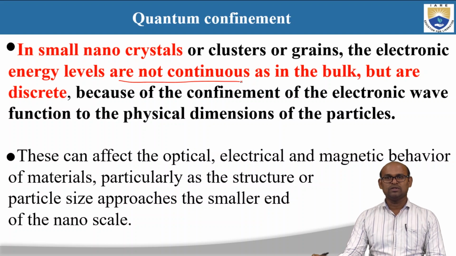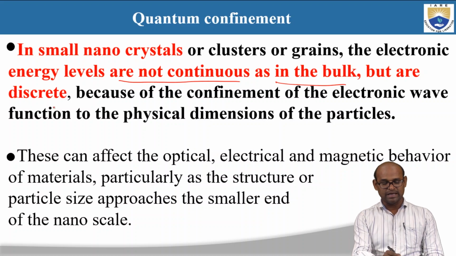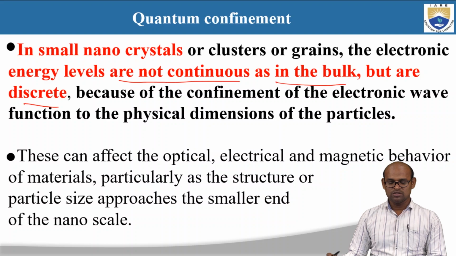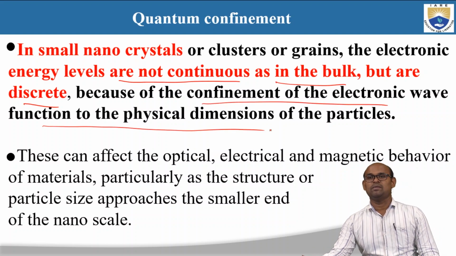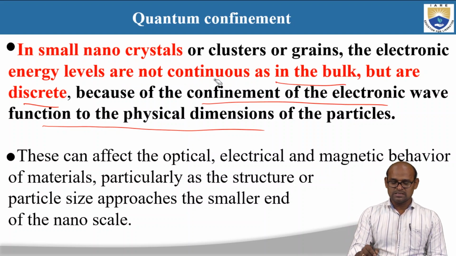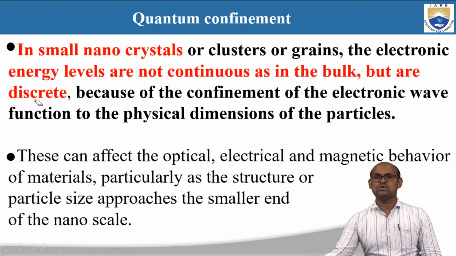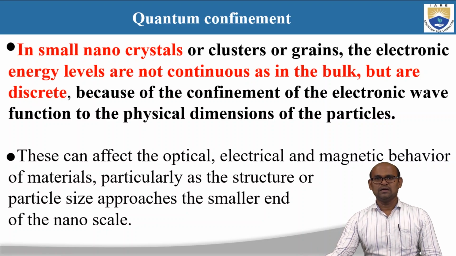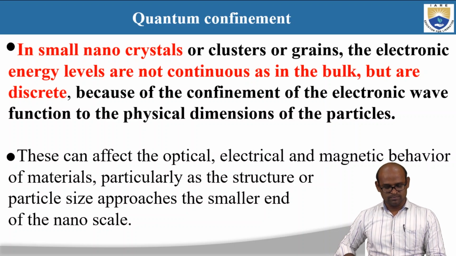But we find that even though there are many such nanoparticles, the energy levels are discrete, which we expect only in isolated atoms. This is because of the confinement of the electronic wave function to the physical dimensions of the particle.